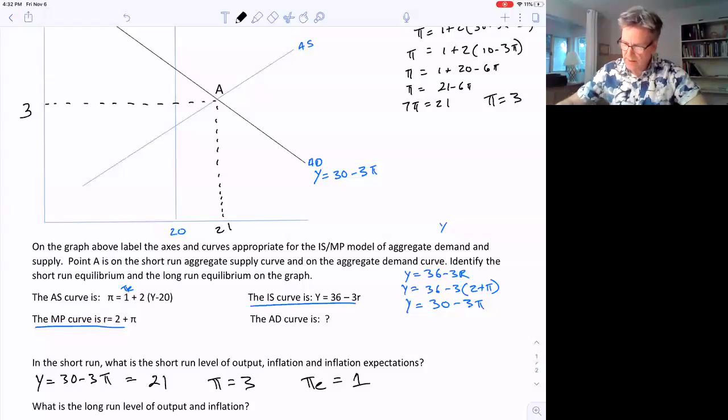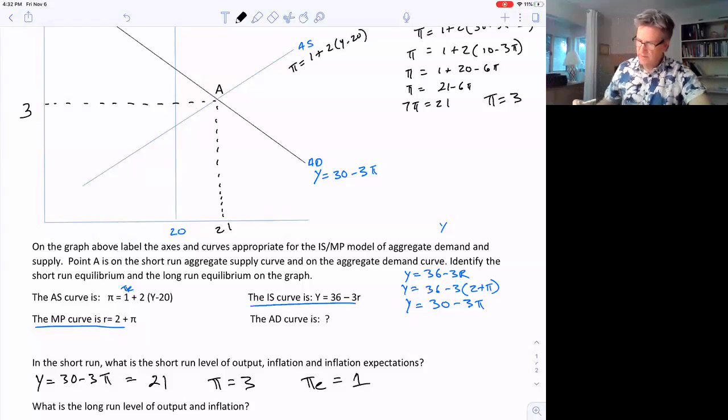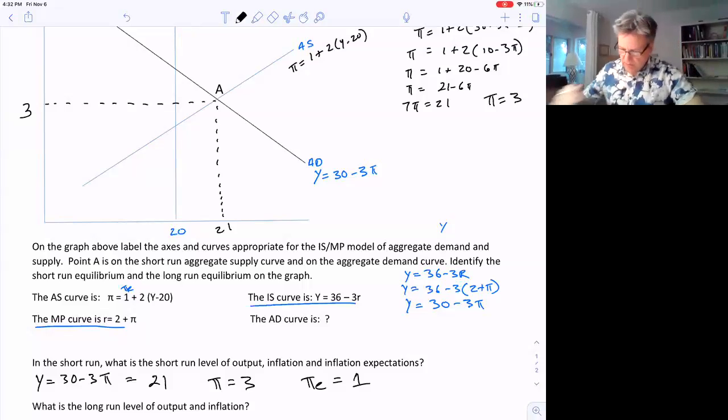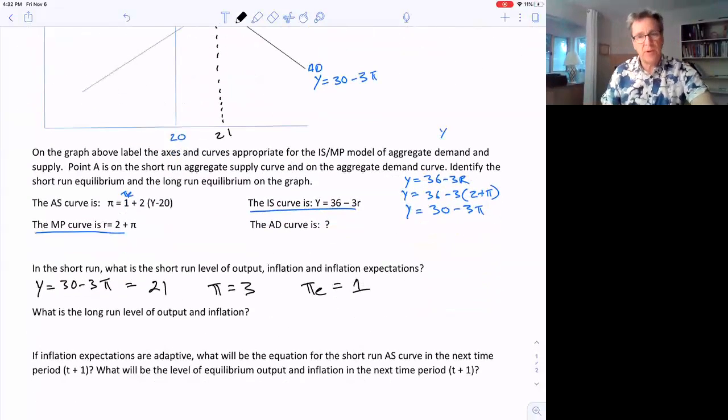And we'll rewrite the aggregate supply curve up here. It was given to you as pi equals 1 plus 2 times (y minus 20). Now next, what is the long run level of output and inflation?